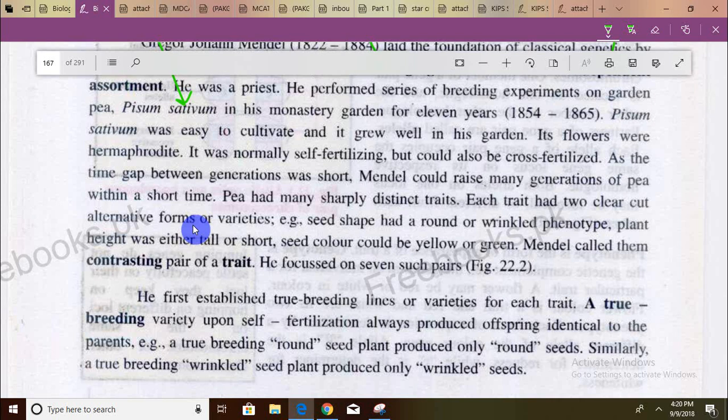So 7 contrasting pairs of traits, so 7 genes or 7 pairs of alleles. They do not necessarily have to be contrasting. They can be very similar, but for the particular plant he studied, they were very distinct.